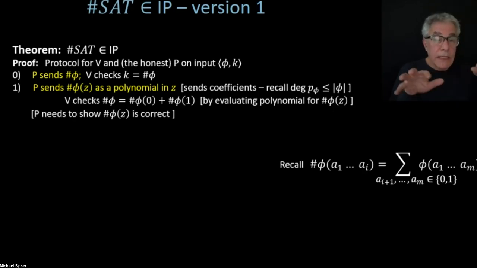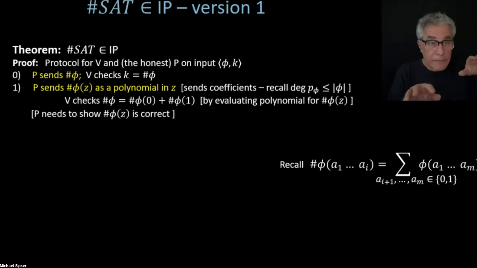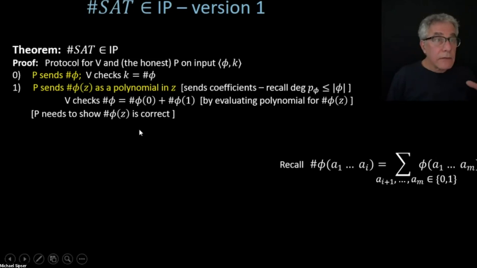So remember that there is a correct polynomial that you would get by plugging into this expression for the correct value. The prover may be sending some incorrect polynomial.